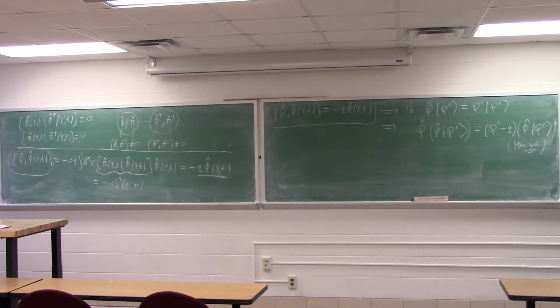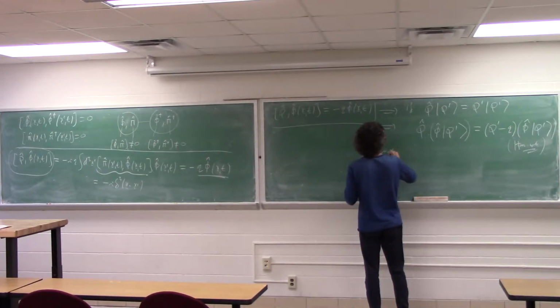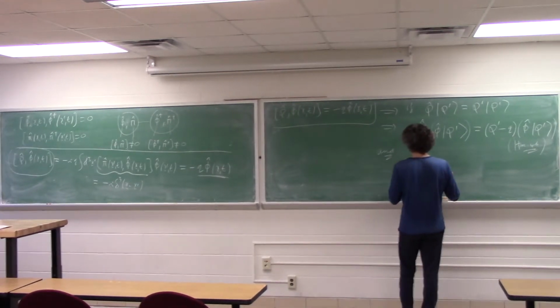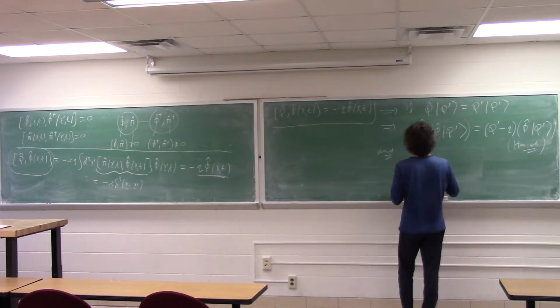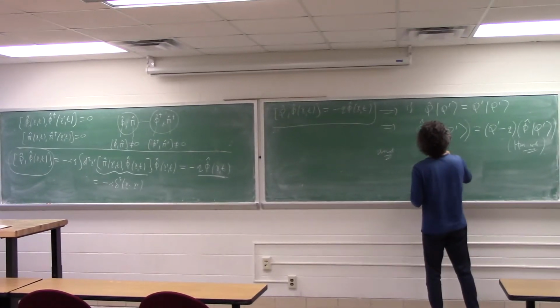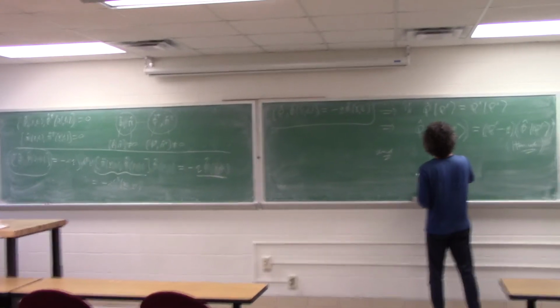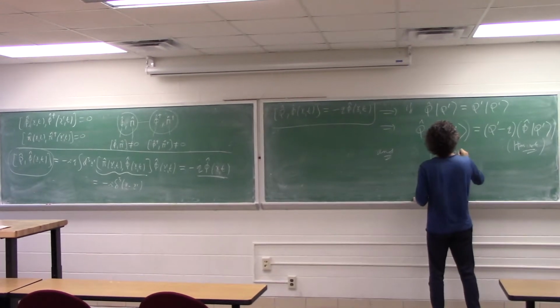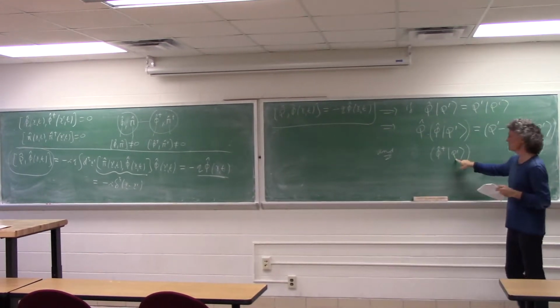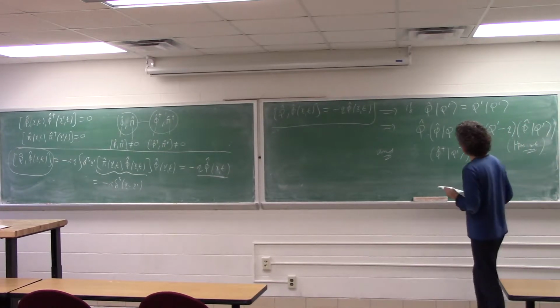So what is happening here? You can also show what happens if I act on this state with phi hat dagger. So I take this eigenstate of the charge operator with eigenvalue q prime, and I act on it with phi hat dagger.